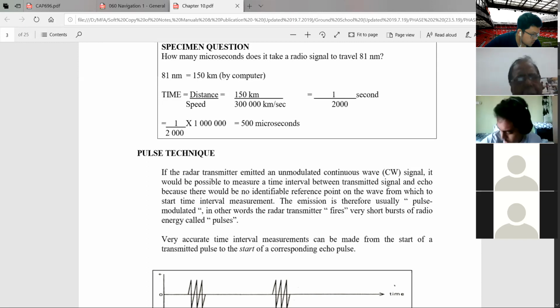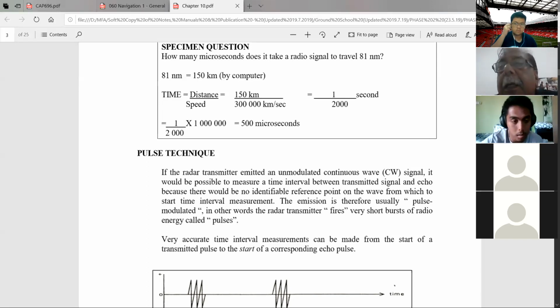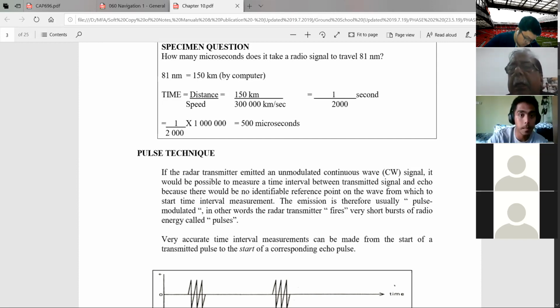How much distance do you cover in 1 microsecond? 300 meters. In 3 microseconds, how much distance will you cover then? 900. What would be the range of the object if the distance covered is 900? 450. Exactly, absolutely correct. 450 would be the range of the object.